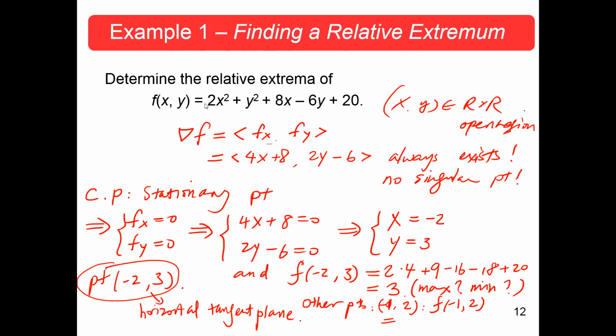Yep. Is that what the other folks got? Yep, so f of negative 1, 2 would be 6, right?